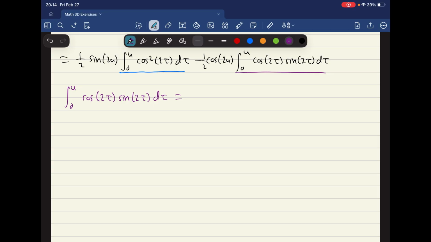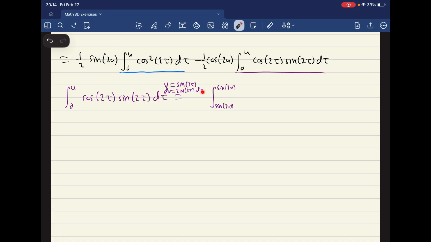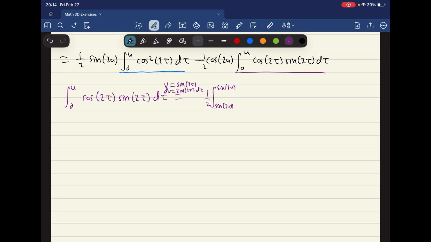So if I let v, because I'm already using u as my input variable, if I let v equal sine of 2 tau, then dv is 2 cosine of 2 tau d tau. And so my integral becomes, well, plugging in the bounds, sine of 2 times 0, sine of 2 times u, and then I need to solve for cosine of 2 tau d tau by dividing by 2, so I get 1/2, and then this is all v dv.